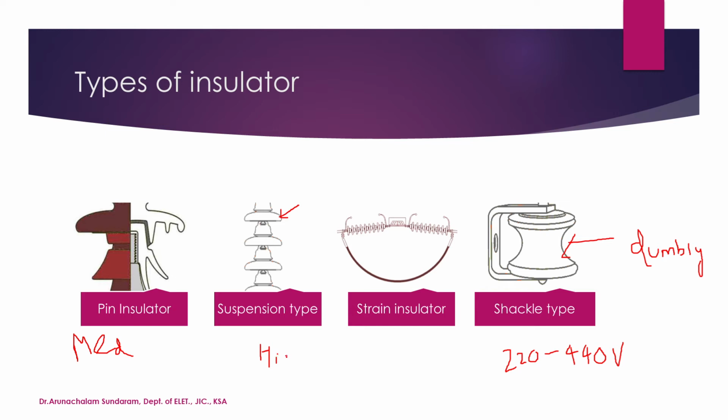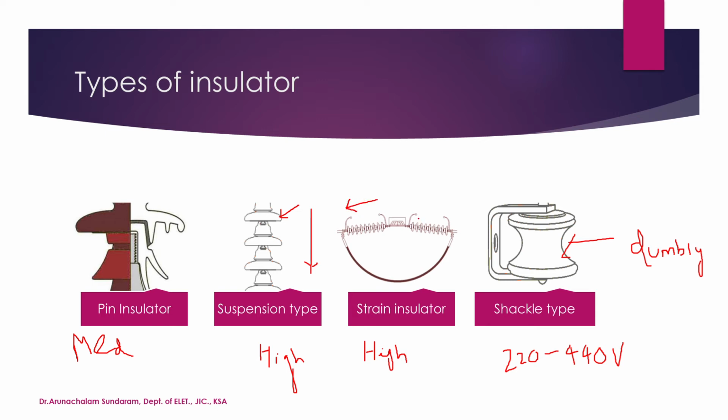The strain type is also used for high voltage transmission lines. What is the difference between the strain and the suspension type? They are almost similar, only the direction differs. Here it is hanging in this direction, and here the direction is like this. The strain type is mainly used to change the direction of the conductor.